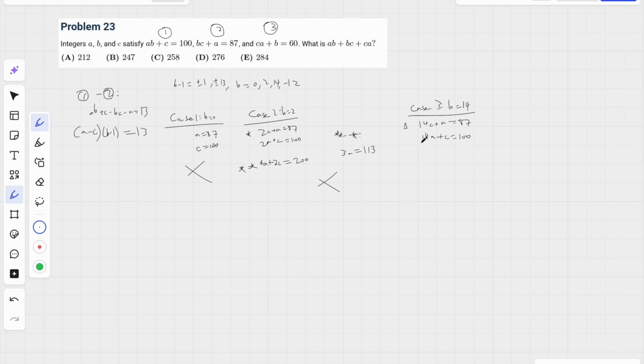And then we can make the second equation into 196a plus 14c equals 1400. So now we get 195a equals 1313. There's obviously no factor of 5 on the right hand side, so there's no solutions. And finally, case 4.